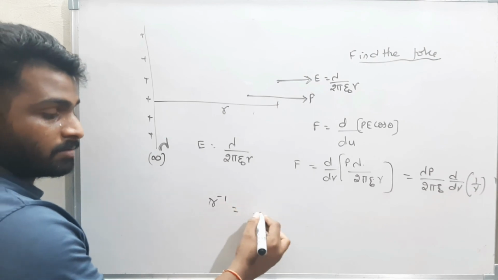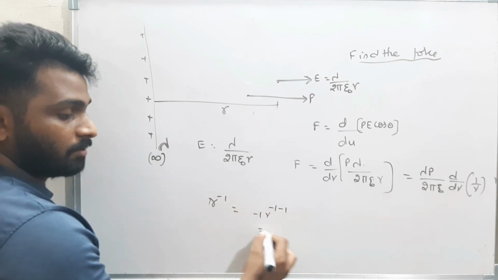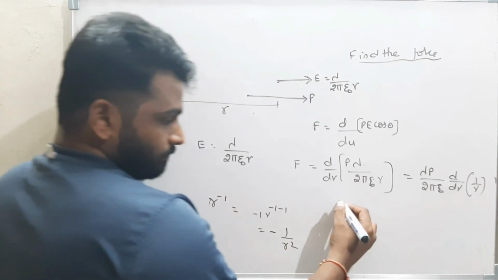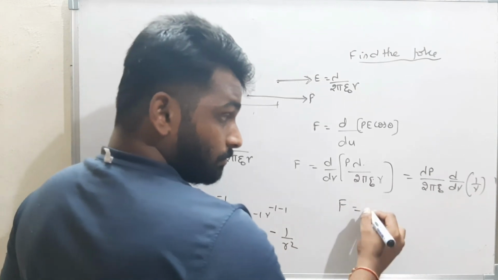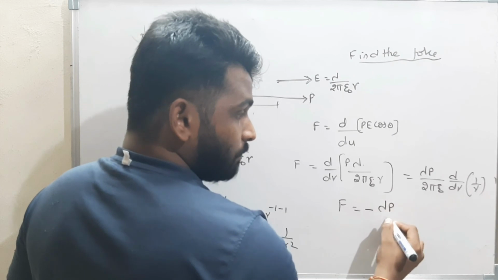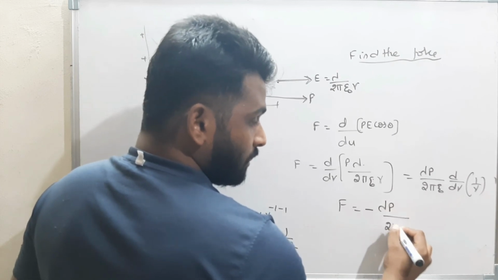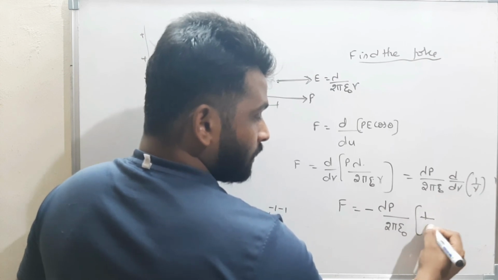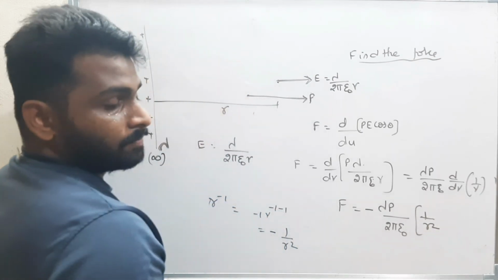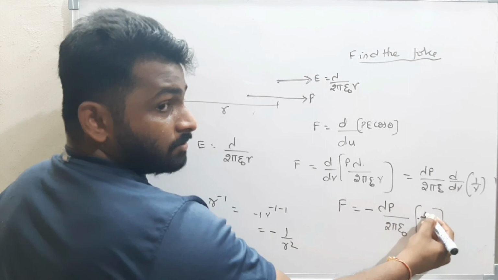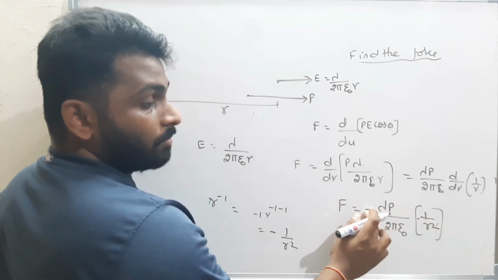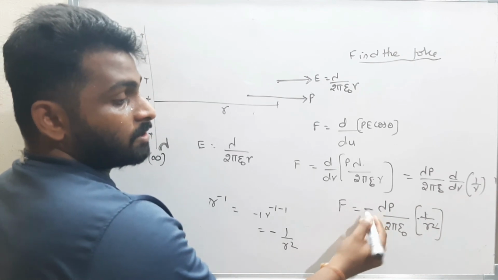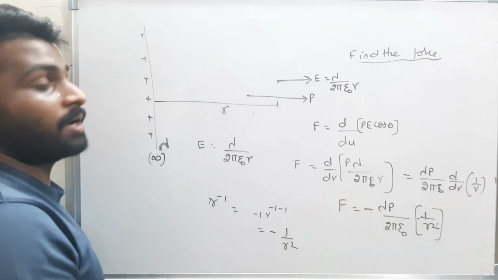Differentiation of r power minus 1 is minus 1 times r power minus 1 minus 1, which is nothing but minus 1 by r square. Therefore, the force is minus lambda P by 2 pi epsilon naught times 1 by r square. Minus denotes it is an attraction. That is the answer. That's all.